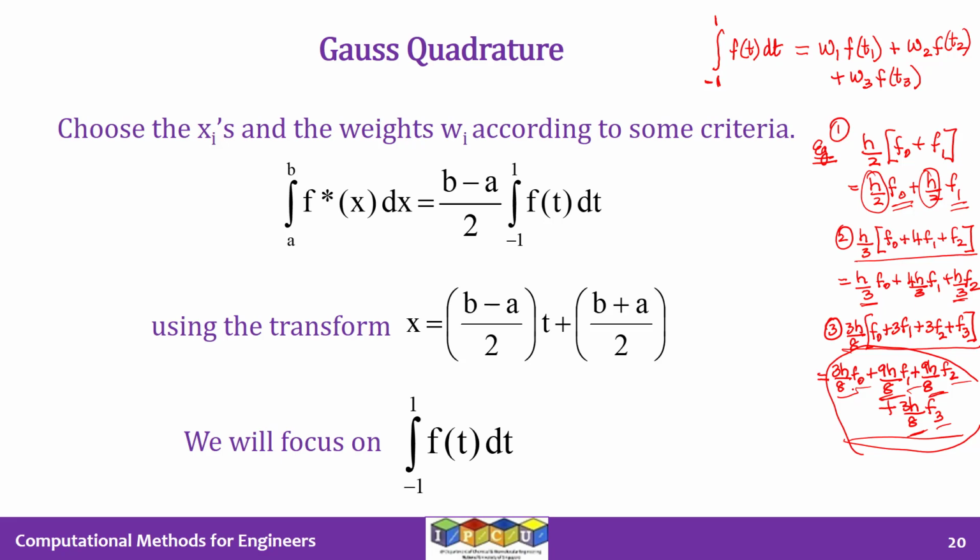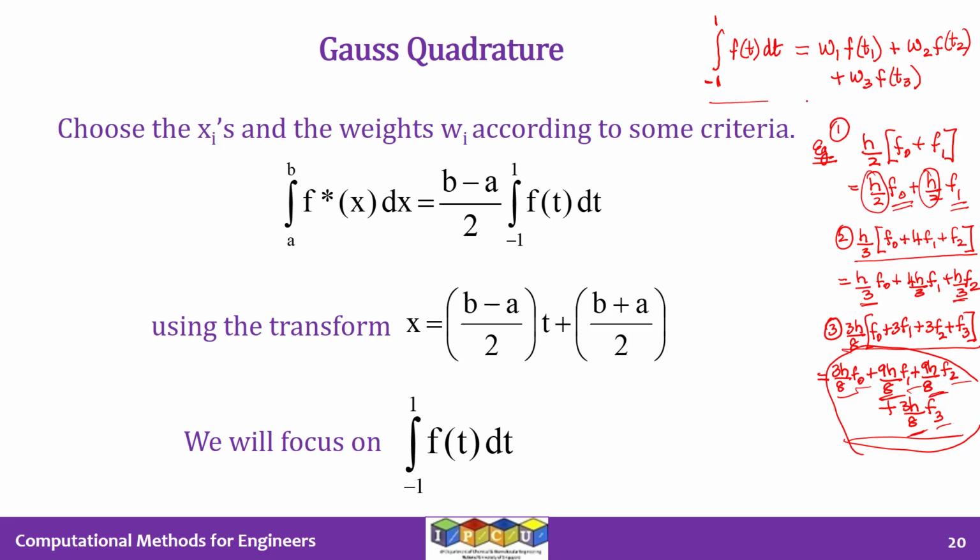So the basic idea to keep in mind before we pursue ahead is that the value of the integral by trapezoid rule or Simpson's rule, the rules that we have looked at so far, is equal to a weighted linear combination of the f values.